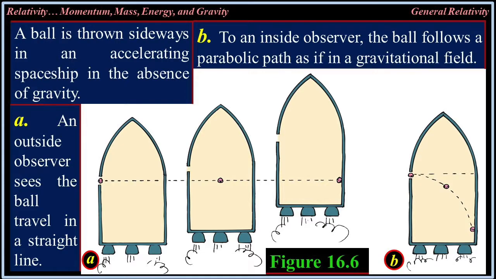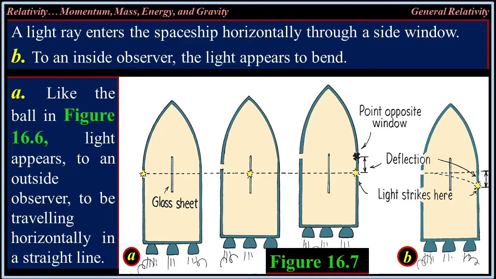A ball is thrown sideways in an accelerating spaceship in the absence of gravity. A. An outside observer sees the ball travel in a straight line. B. To an inside observer, the ball follows a parabolic path, as if in a gravitational field.